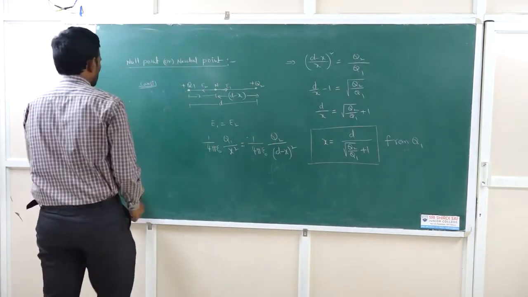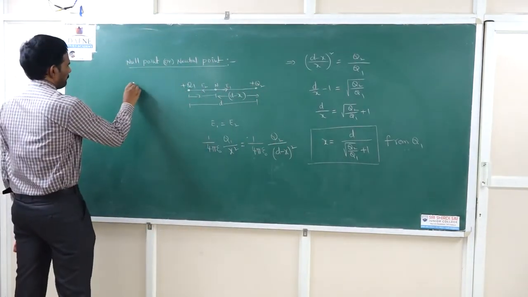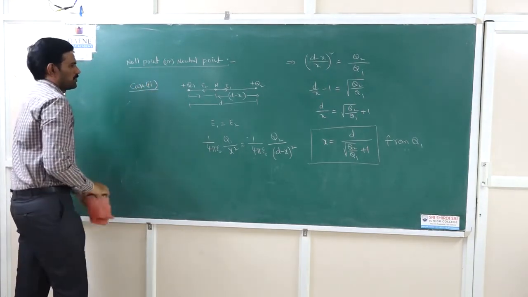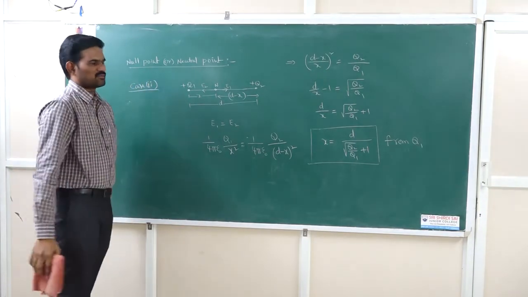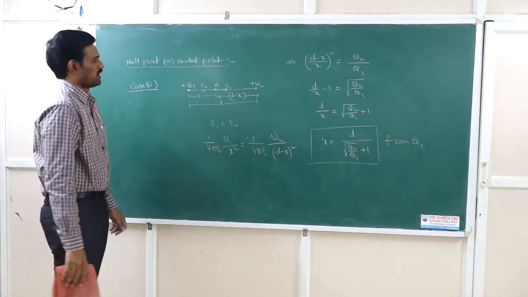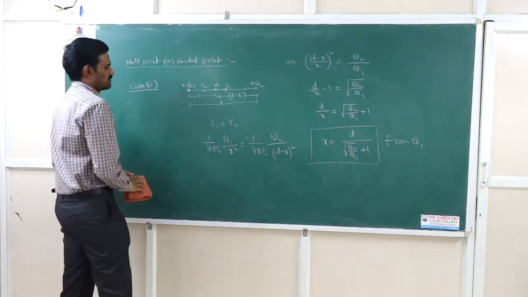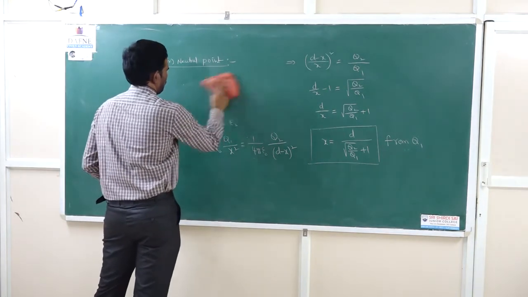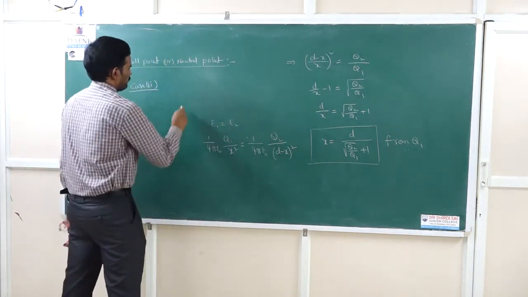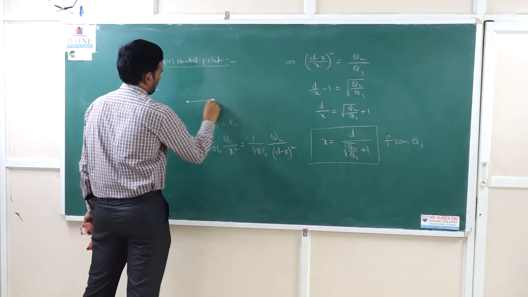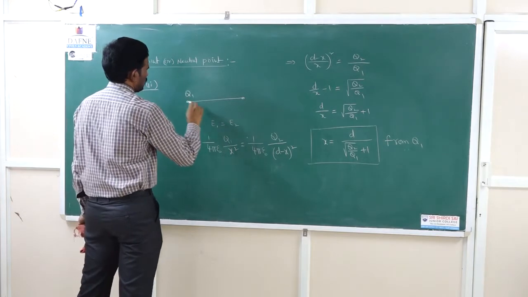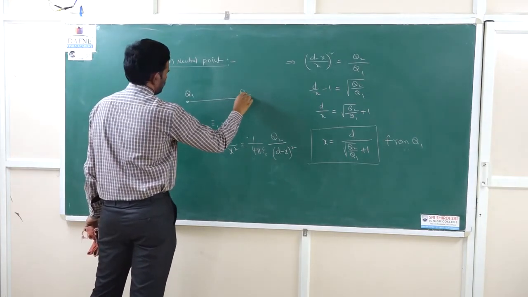And now let us consider the second case. That means I am taking unlike charges. I am taking two unlike charges. So this is Q1 and this is Q2.